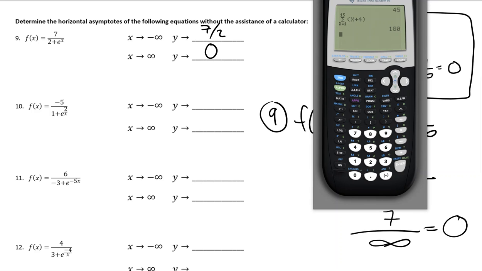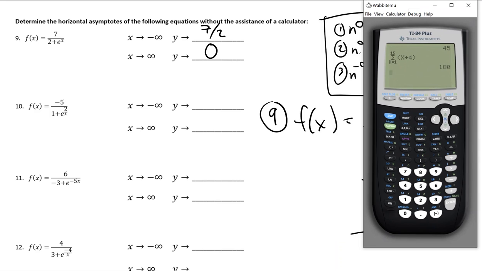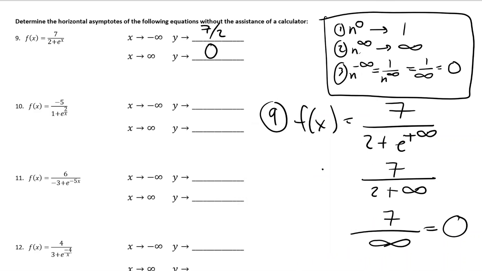Okay, so I'm not going to graph all of these, but if we graphed it, I know the far left of the graph, this is what the values are going to, and the far right goes to that. That's what is meant by horizontal asymptotes. The extreme left, the extreme right.